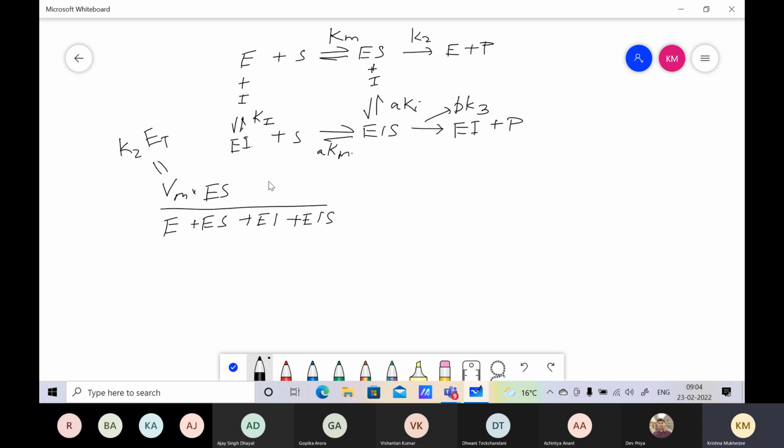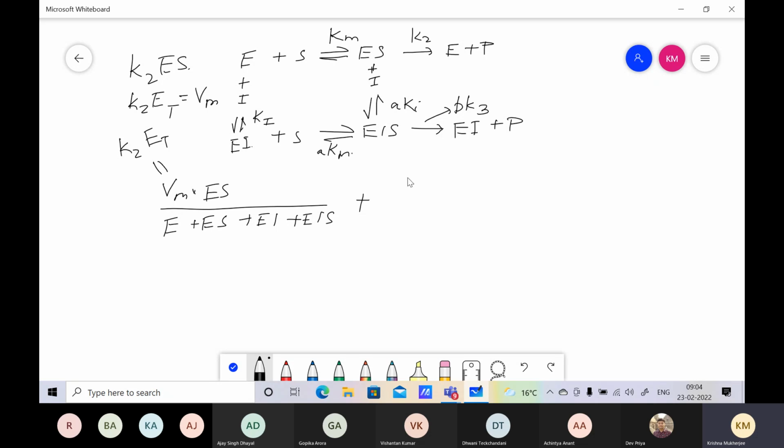Does that make sense? Because the actual reaction is K2 into ES, and K2 into ET is Vmax. So if we know the fraction, then Vmax into this fraction is nothing but the rate of reaction.